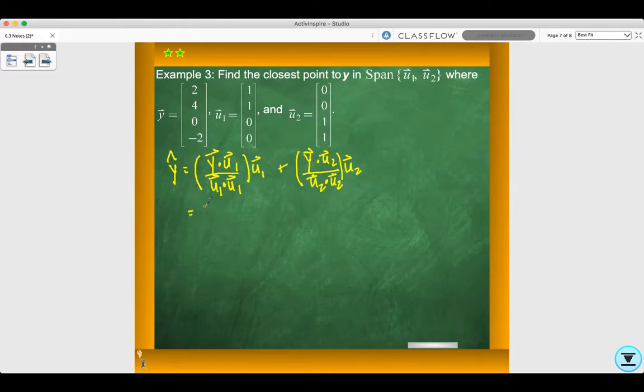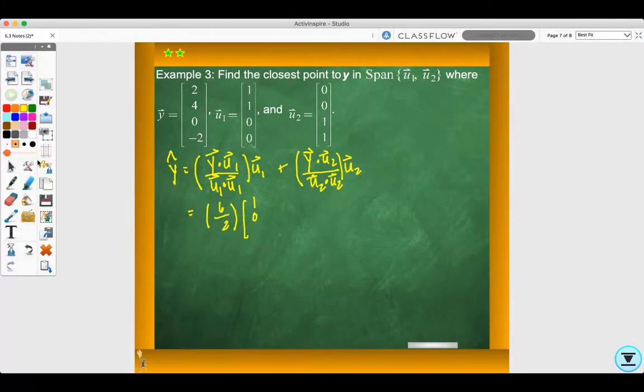So y dot u1 is 6, u1 dot u1 is 2, times 1, 1, 0, 0, plus y dot u2 is negative 2, u2 dot u2 is 2, times my vector u2, which is 0, 0, 1, 1.